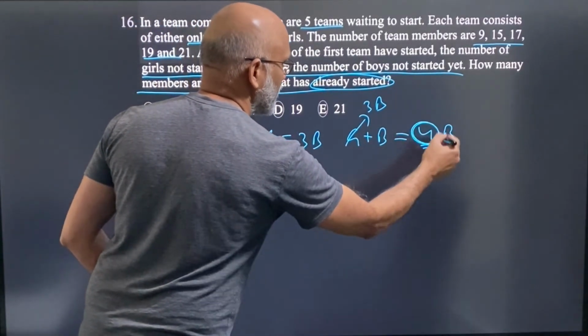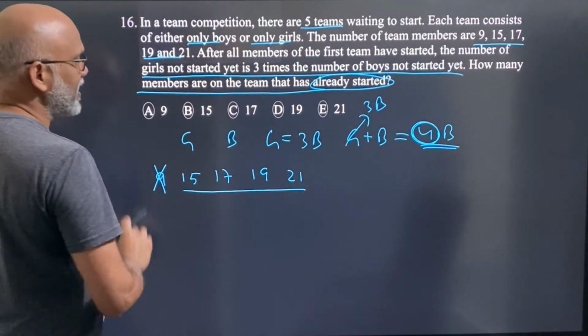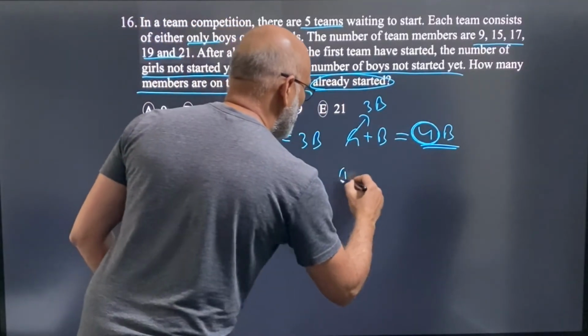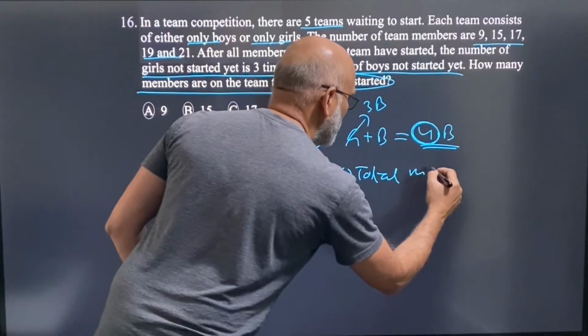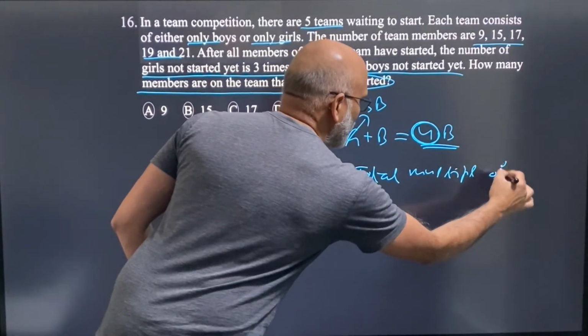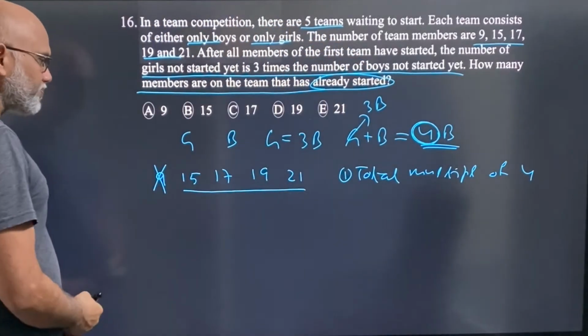That's what it means, right? So the total number of people remaining after the first team has started needs to be a multiple of 4. That is the first condition. Total should be a multiple of 4.